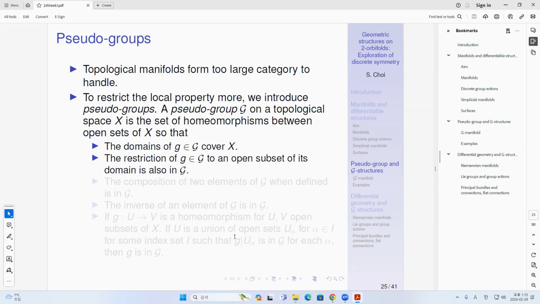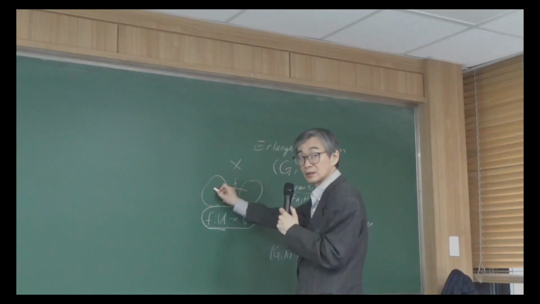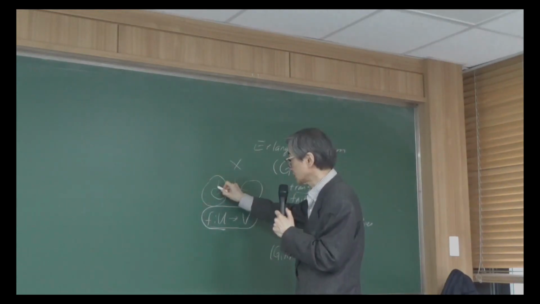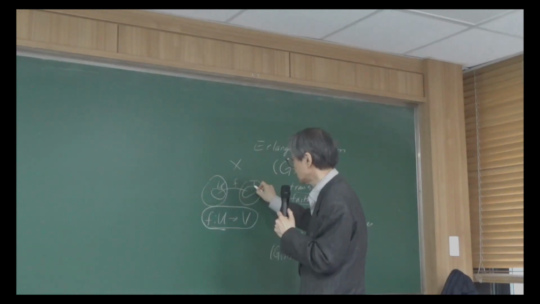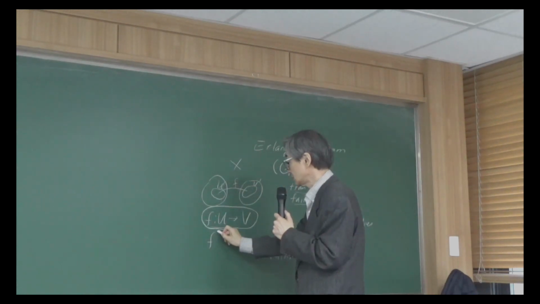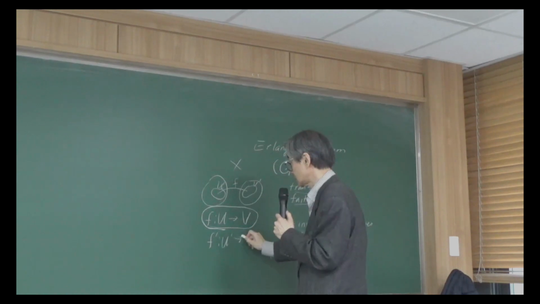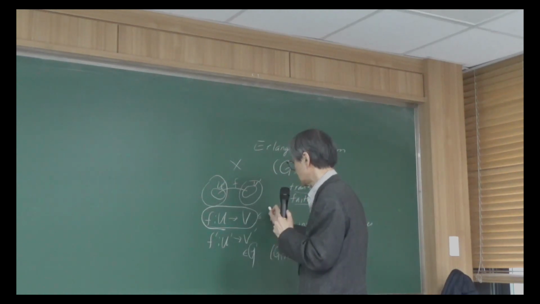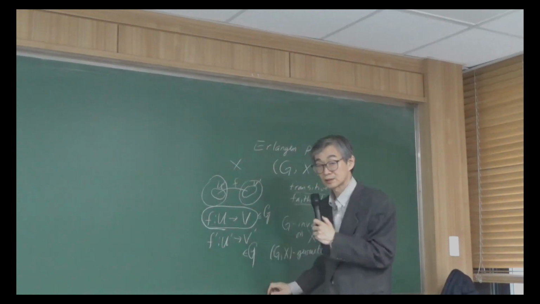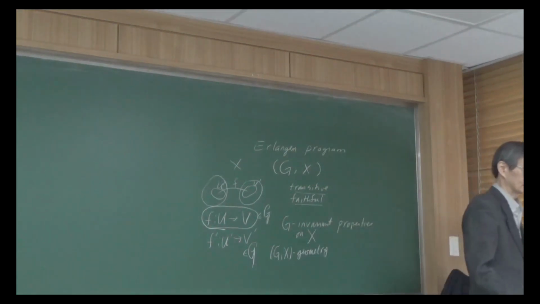And the restriction of any element is also in the set. If you have some smaller open set U prime, and the image is V prime, then this restriction is also in G.